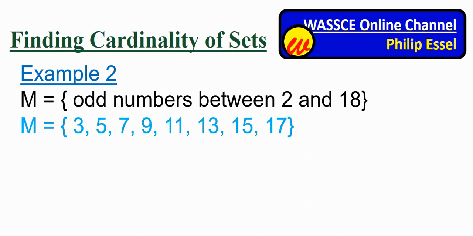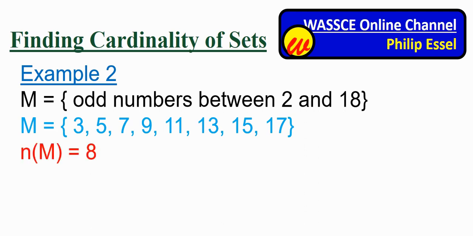So these are the elements or the members of the set M. You'd realize that all of these elements or members are odd numbers, and also they are between the numbers 2 and 18. 2 wasn't included in the list. 18 was also not included in the list, because we are looking at odd numbers that are between these two extreme numbers 2 and 18.